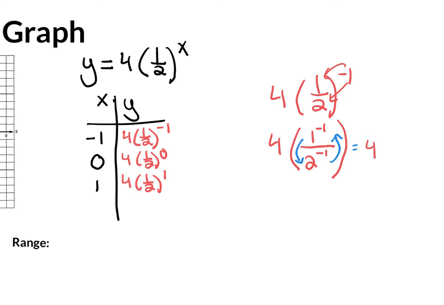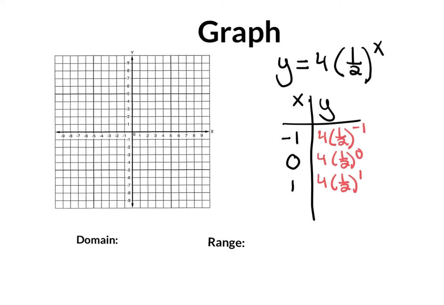So I have 4, and then I'll have 2 to the first over 1 to the first. Well, that's just 2, and 4 times 2 is 8. So you can plug these in your calculator and go a little faster, but I just wanted you to see how you can do it by hand. All right, so this equals 8.